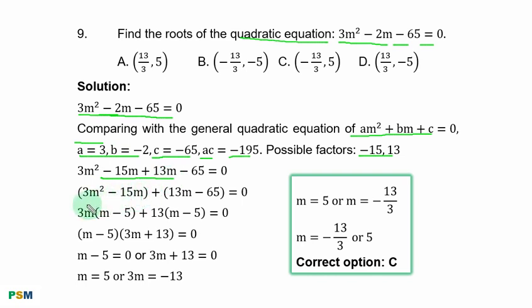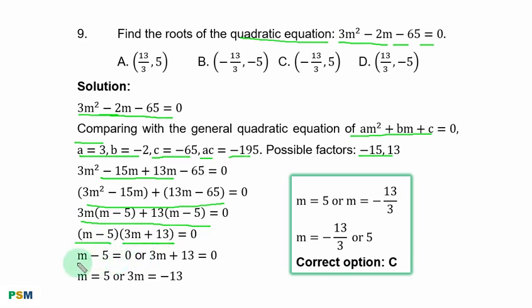You group them in twos. From each group, you factor out the common term. At this point, m minus 5 is common. You factor it out again. You are left with 3m plus 13 that will form the other bracket.